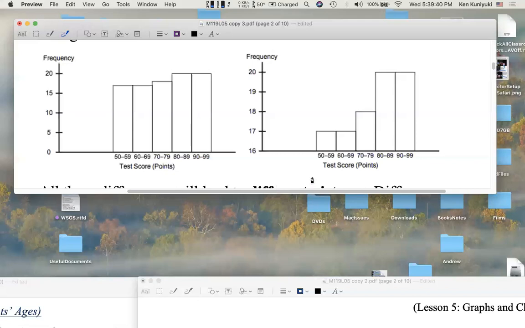Let's assume that all the students scored between 50 and 99 points on this exam. Hopefully it was out of 100 points, not 1,000. Otherwise, our schools are in bad shape. All right. The same data set, at least in terms of the numbers involved, yielded two very different looking pictures.